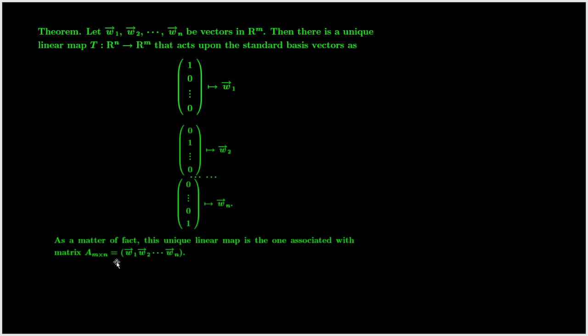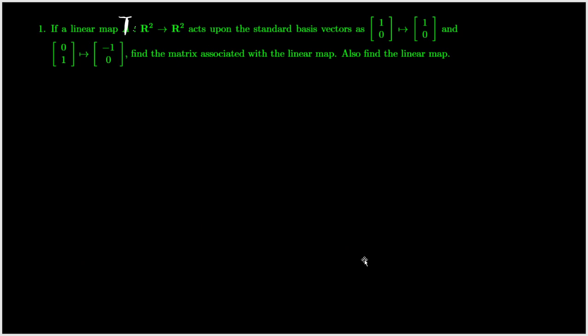I want to repeat: we form a matrix first, and then the linear map is determined by the matrix. We'll see that very shortly. But now let's concentrate on how to form the matrix, by putting the components of all the outputs of standard basis vectors in columns. That's how you get the matrix. I will show the meaning.